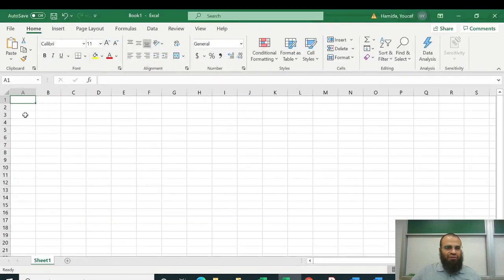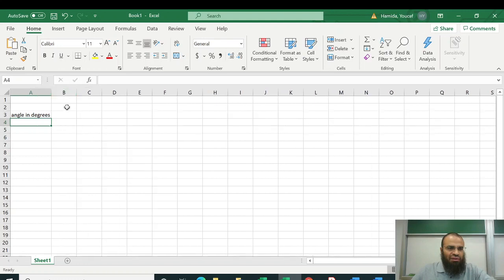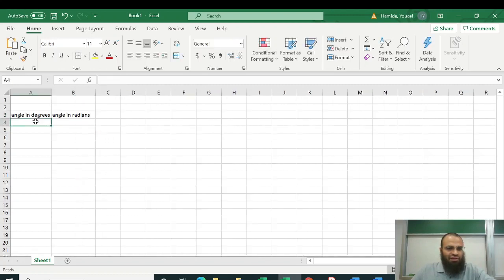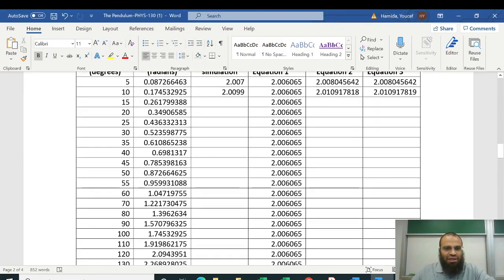Okay, so this is the angle in degrees, and then let me make this larger, and then the angle in radians. Let's say the angle here is 5, 10, 15, 20, 25, 30, 35, 40. So it just follows that order.